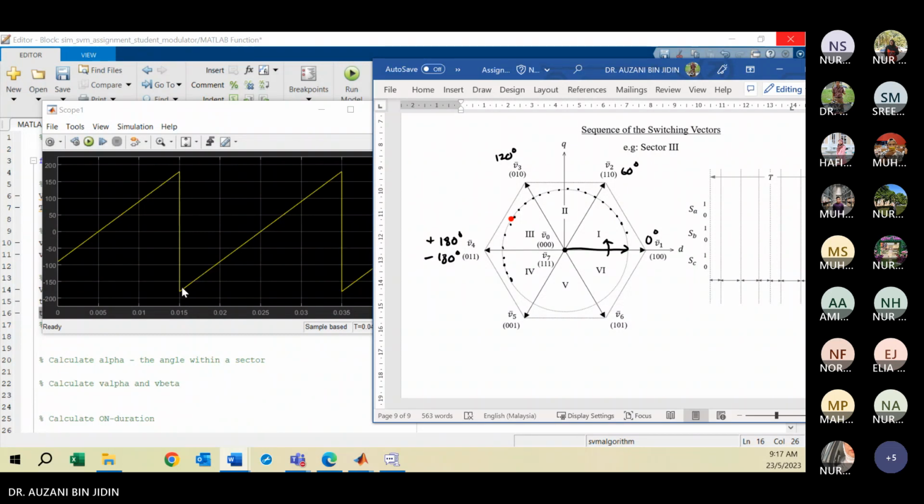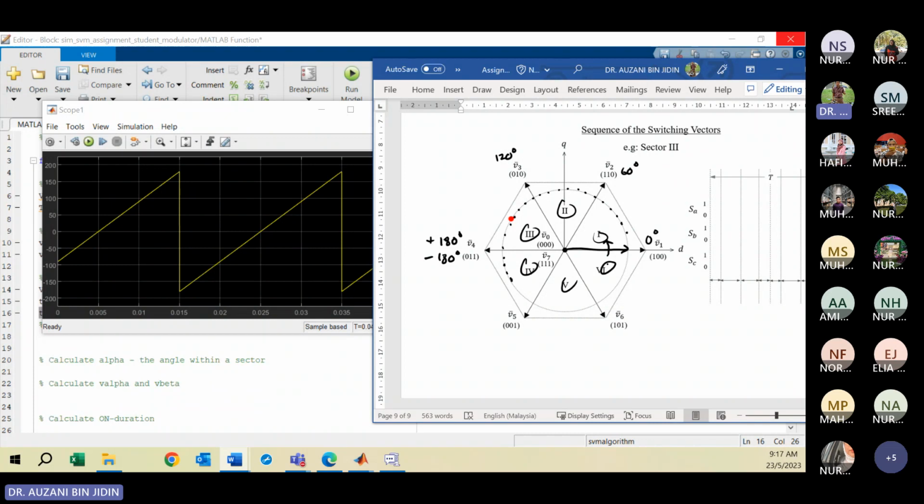Okay, now next step, how to detect the sector. Look, based on this diagram, you have 6 sectors: 1, 2, 3, 4, 5, 6. So you need to set the output sector. You must create a new variable for the sector.